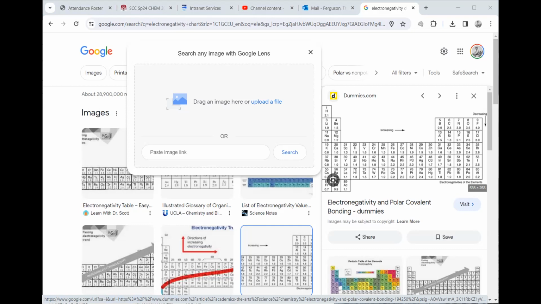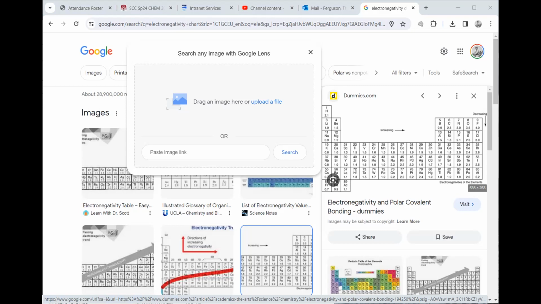I've already mentioned, we talked about alcohols, that alcohols are very, very polar, very high intermolecular forces. This will show you why. We're going to look at the delta electronegativity, abbreviated.